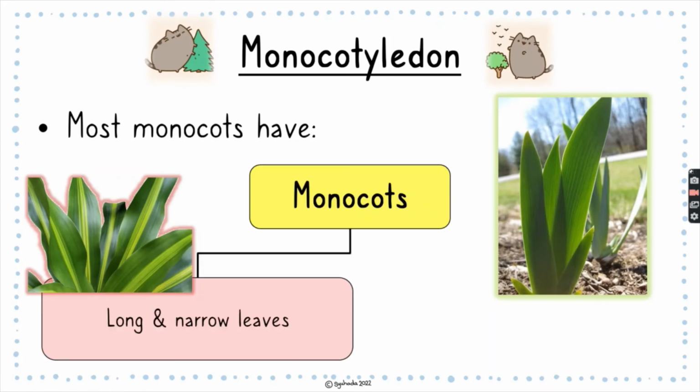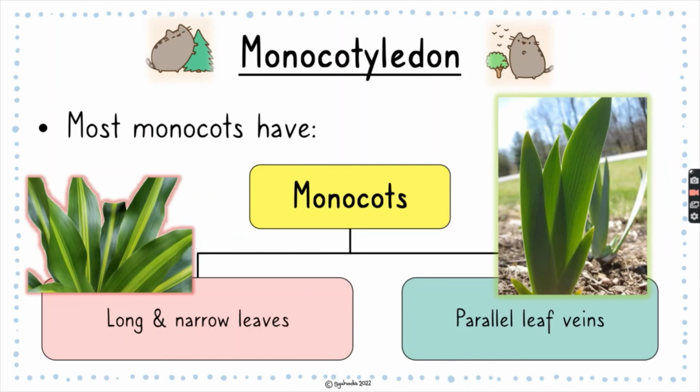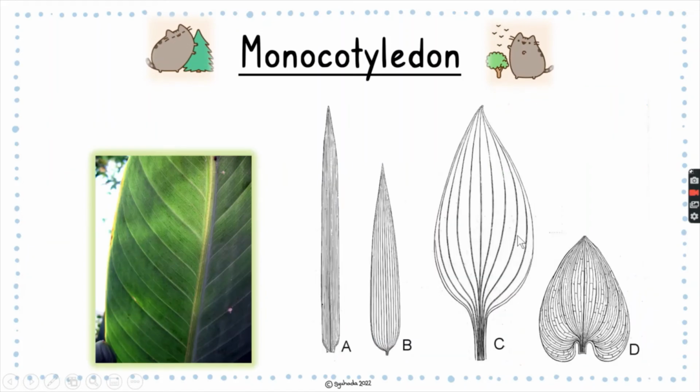Monocots have long and narrow leaves. And the leaf veins are parallel. That means that the veins, you can see those lines right there, they are all parallel and they're pretty much straight up. This is just another picture of how the parallel veins look. So you can see this is literally straight and narrow, but they can get a little bit broad, but not too broad.